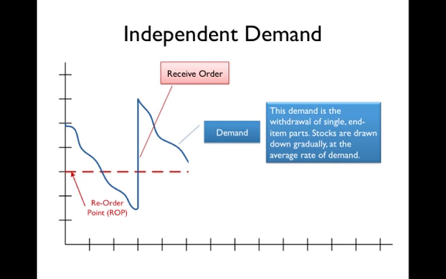And then again, after the receipt, the inventory level starts to be withdrawn again. One thing about that vertical line on the receipt of the order: the size of that line, how much inventory we received, is the Q. We're going to talk about that later on in this presentation, when we get to the EOQ information.